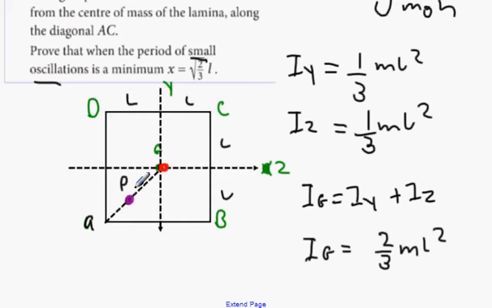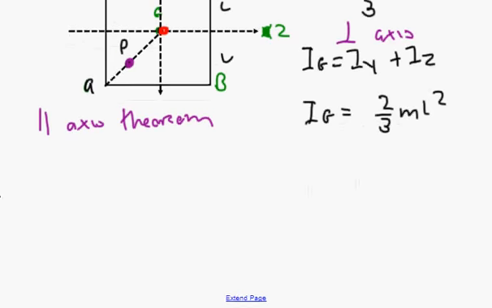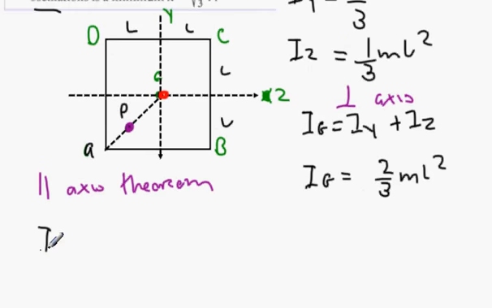Now, the problem with IG is it's located in here, but P is located here. But both of them are going in the same direction, so having used the perpendicular axis theorem, we can now use the parallel axis theorem. IP equals, and remember it's a distance x from the center of gravity, as we were told earlier.